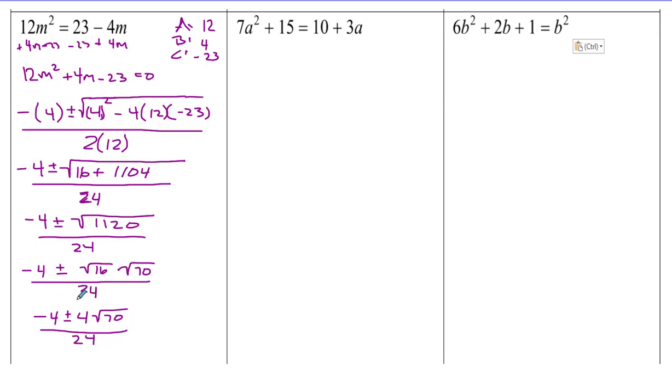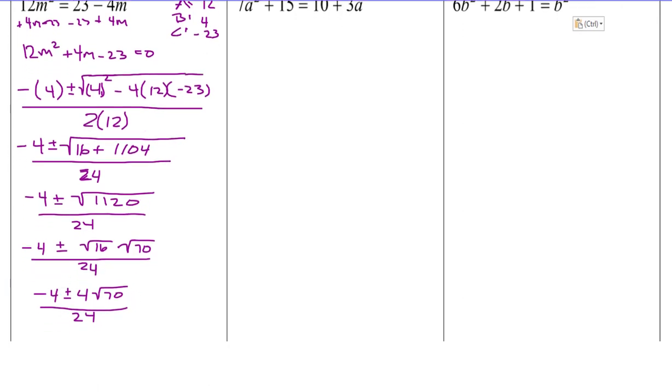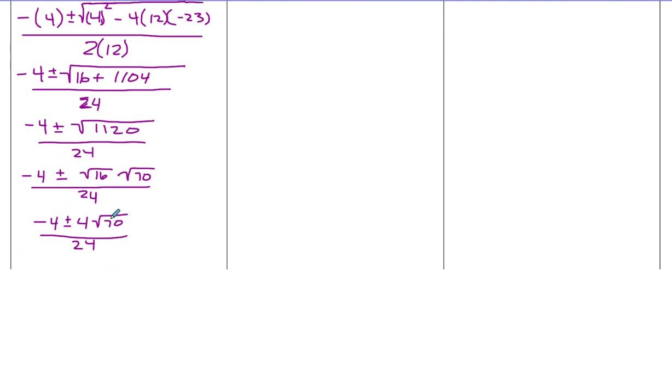Okay, so I mean, this can be a way to just list your solution. I would like you guys to be able to break this apart. Okay, and by doing that, this negative 4 and this 4, that's the coefficient in front of this radical 70, these both have the same denominator of 24. That's why they're in the numerator. So we can reduce this, right?